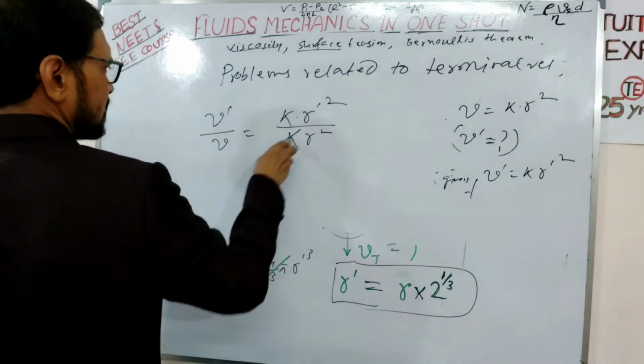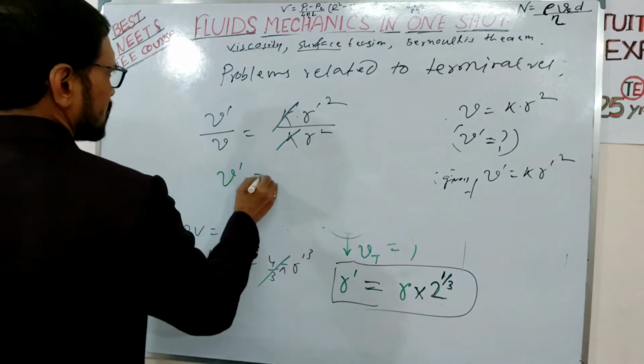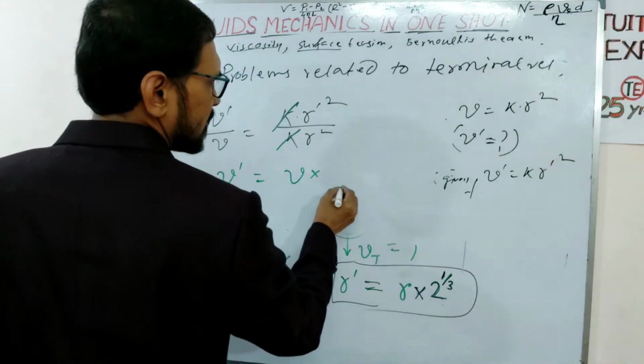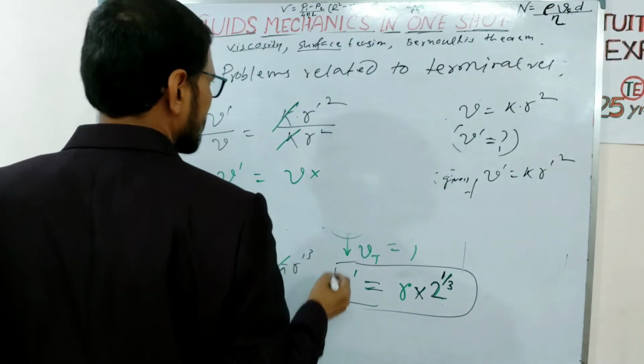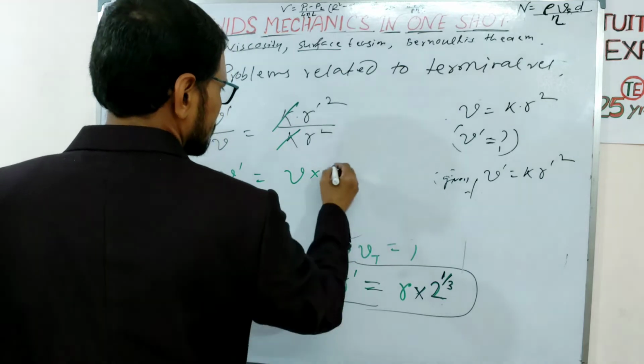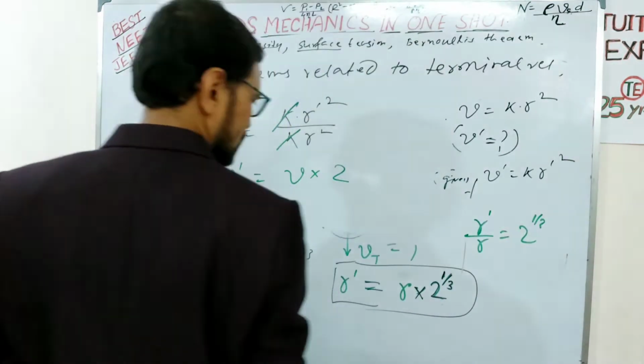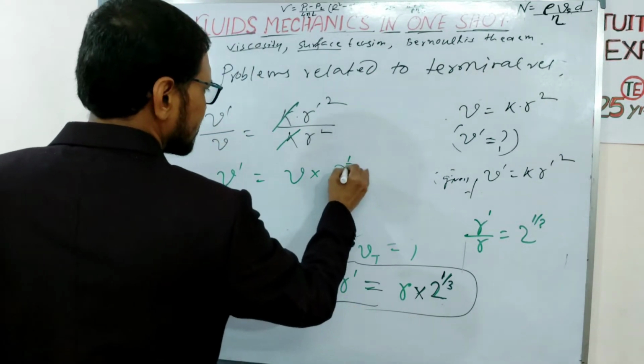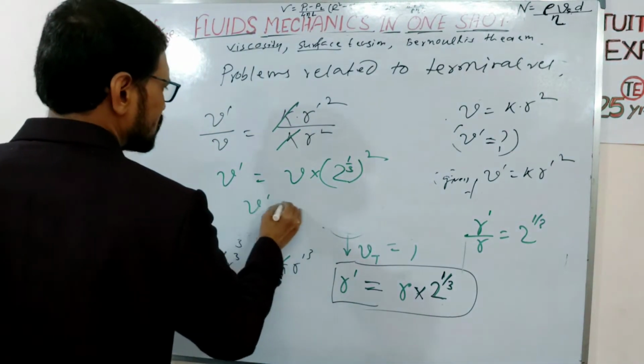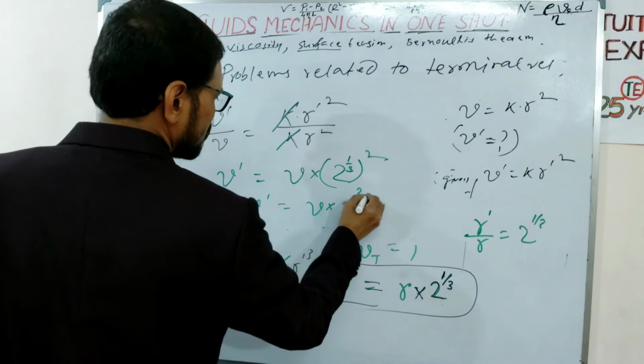Cancelling k, v dash equals v into (r dash by r) whole square. So r dash by r equals 2 to the power 1/3, whole square. So v dash equals v into 2 to the power 2/3.